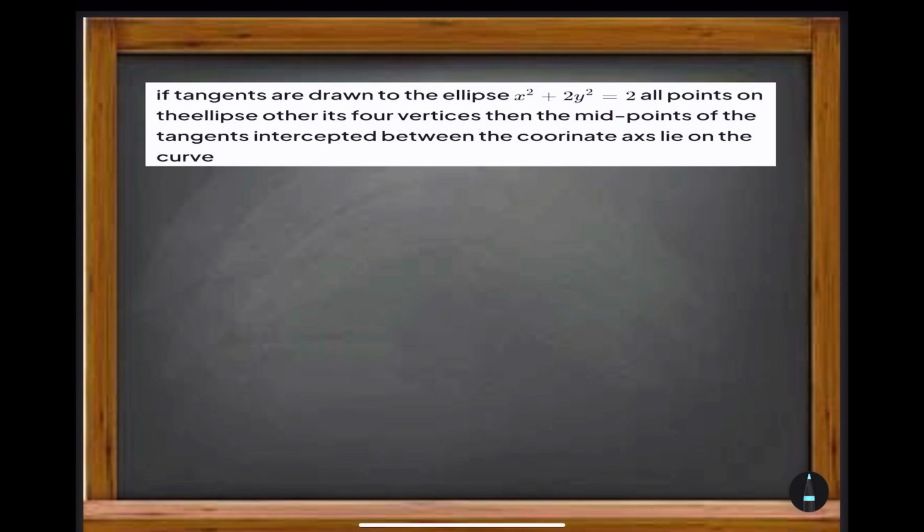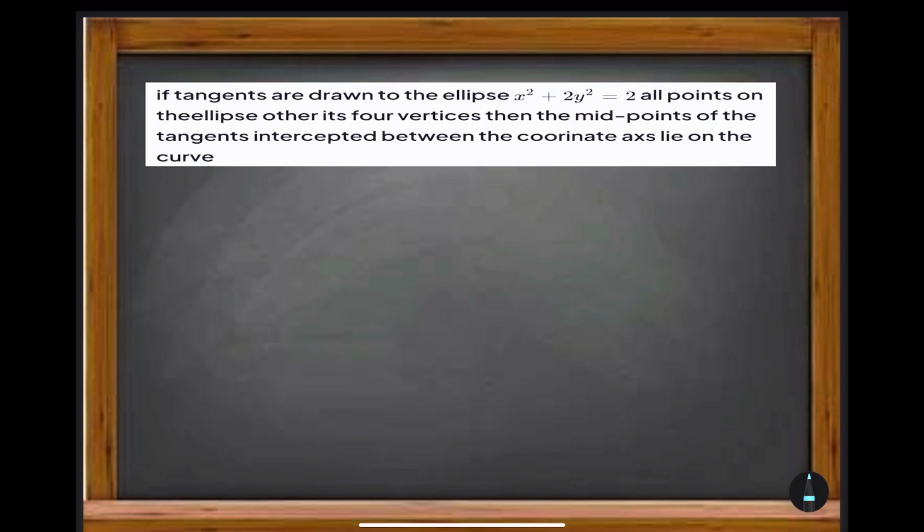Now you have to observe every tangent. Then the midpoint of the tangents intercepted between the coordinate axes lies on... Then you have to figure out the midpoint of all tangents intercepted, meaning the portion intercepted by the x-axis and y-axis. So you have to tell me the locus of the midpoint.